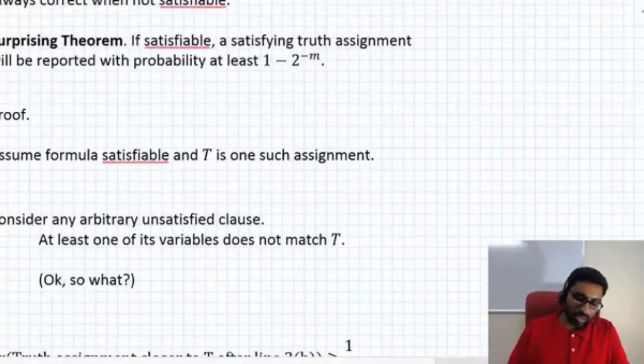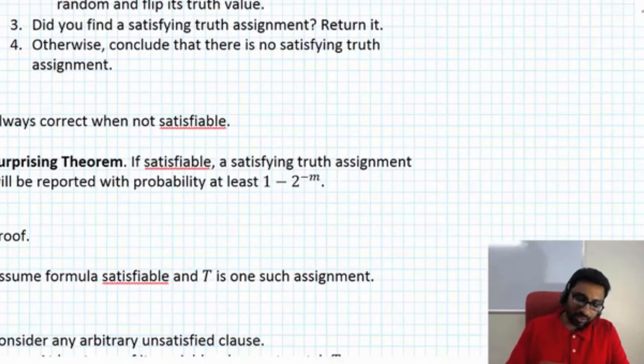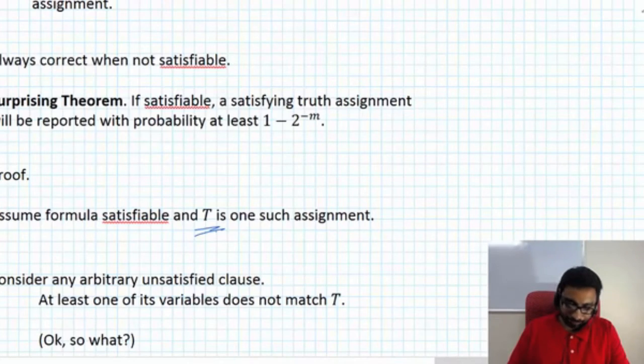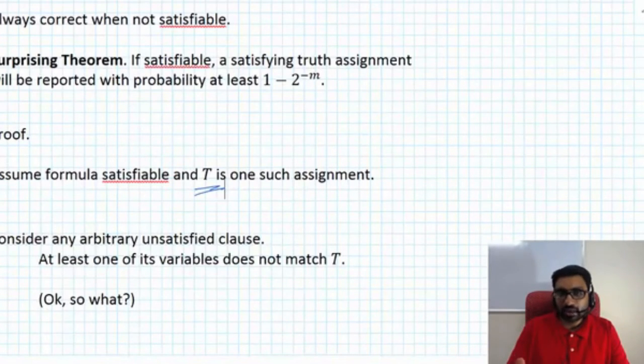So notice that if the formula is not satisfiable, then the algorithm is always going to be correct. It's always going to say, well, there is no truth assignment. So we're only interested in the case where there is a satisfying truth assignment. And so let's just pick one such satisfying truth assignment, and let's call that T. And let's look at the execution of this algorithm at some point in time.